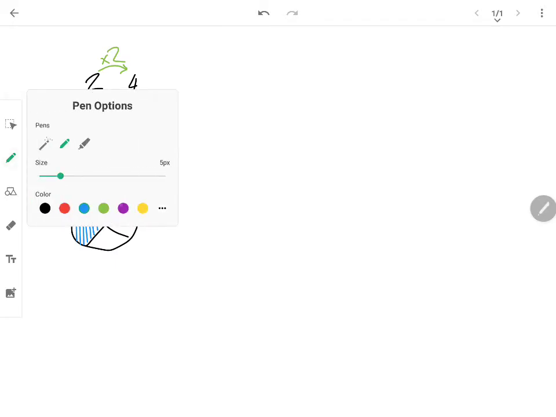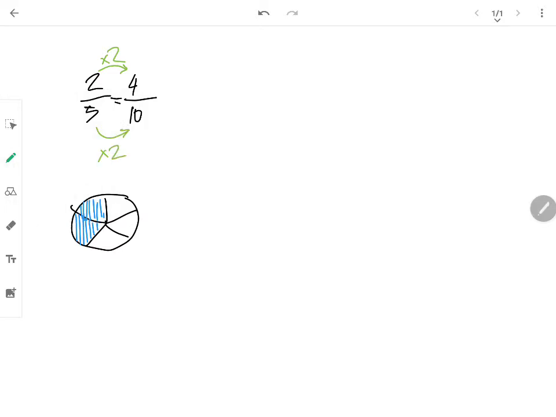But if the pie was divided into 10 pieces, so each one is going to get an extra piece, 1, 2, 3, 4, up to 10, okay? Then the second fraction is simply divided into more pieces, and I've got 4 of those tenths of that second fraction, right?